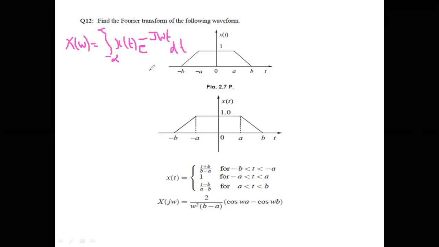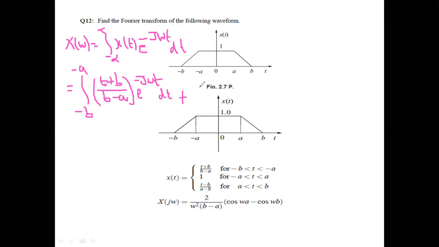Okay, what is x of t in the range? First of all, I am taking the range as minus b to minus a: integral from minus b to minus a of t plus b by b minus a into e power minus j omega t dt.